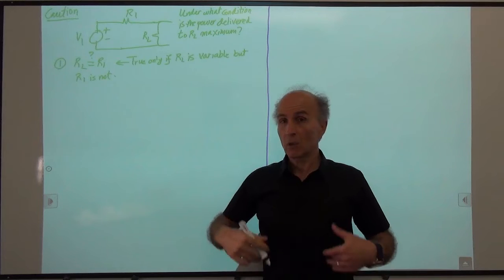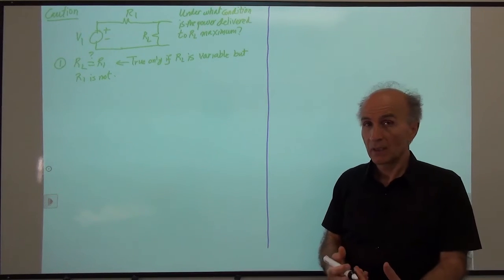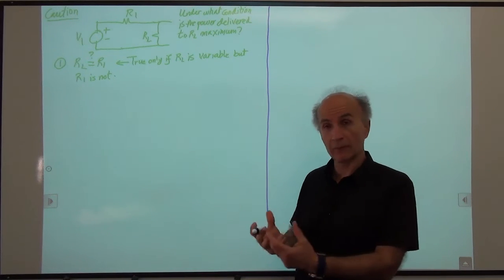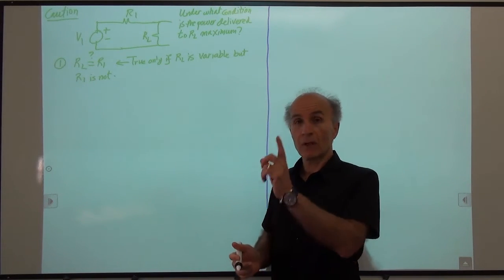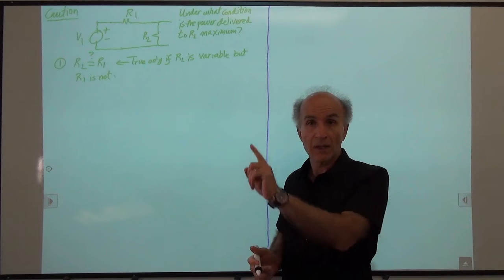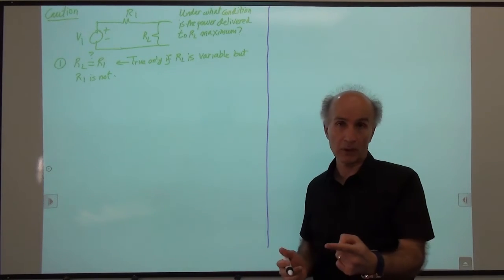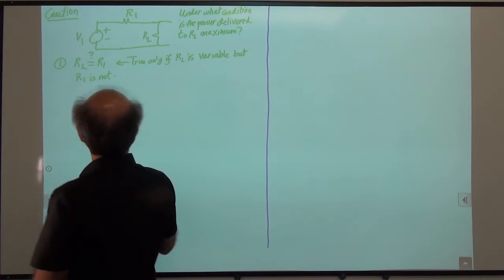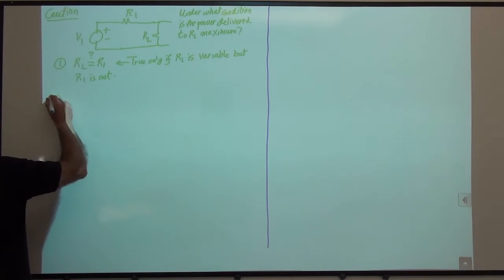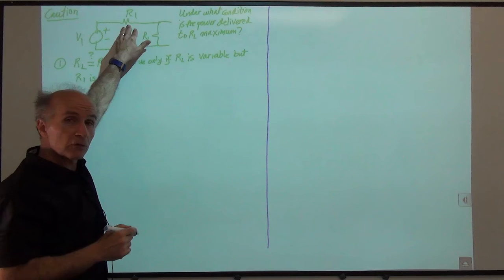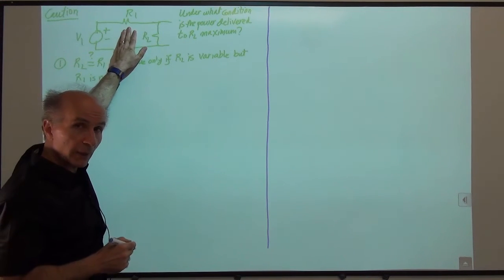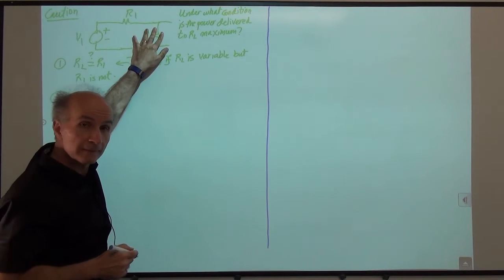But when the interviewer asks you this question, he or she is not specifying what's variable, right? So you have to be careful. You say, okay, if R1 is fixed, then yes, RL has to be equal to R1 for maximum power transfer to RL. On the other hand, if R1 is not fixed, meaning for some reason you have the ability to change R1, then under what condition do we have maximum power transfer from here to here?